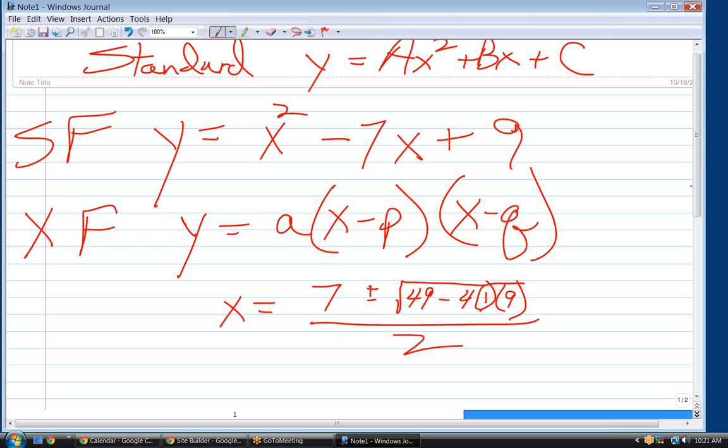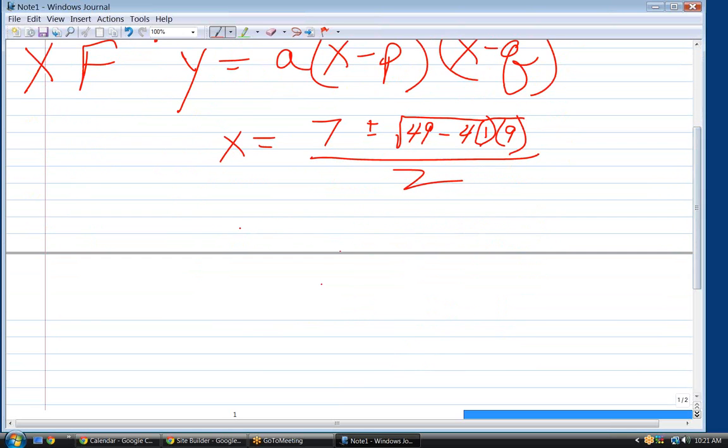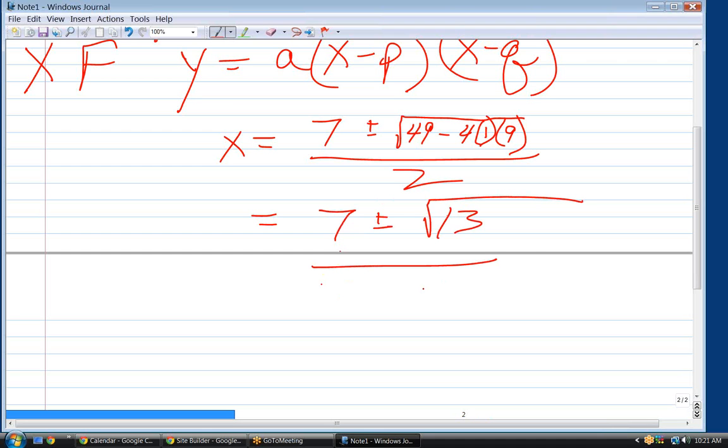Okay. Simplify that. So 7 plus or minus square root of 13 over 2. And let's come up with specific answers.